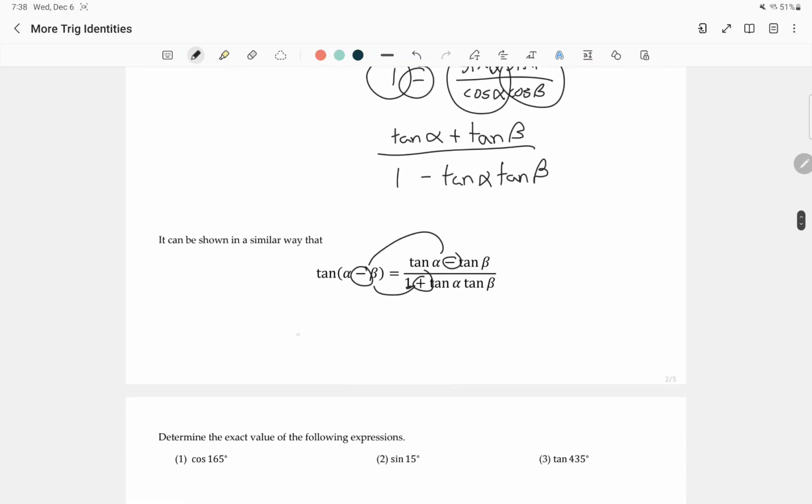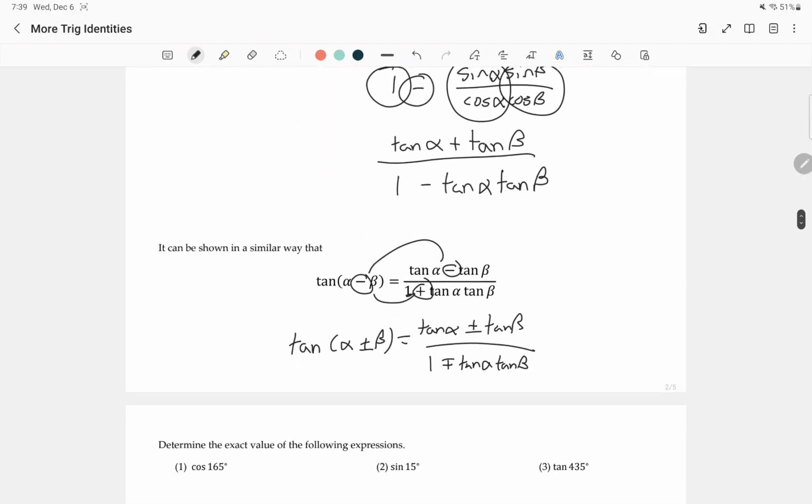So if you want to really generalize this, you can get tan of alpha plus-or-minus beta is equal to tan alpha plus-or-minus tan beta over 1 minus-or-plus tan alpha tan beta. So basically, the bottom will have a different sign than this, but the top will have the same sign.